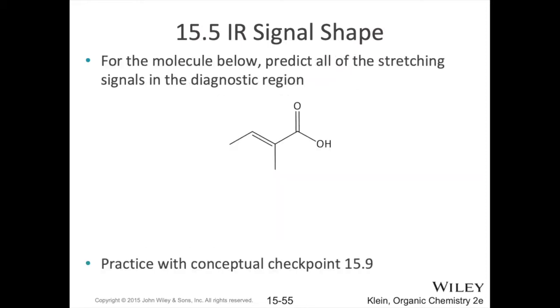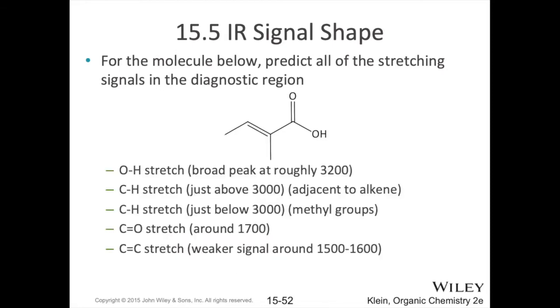Okay, so let's practice this. Go ahead and pause this video and see if you can predict the types of stretches you would observe for this molecule over here. All right, if you've come back after having paused this video, hopefully you should have picked these up. Notice that we have a carboxylic acid group here. We have a carbon-carbon double bond here.